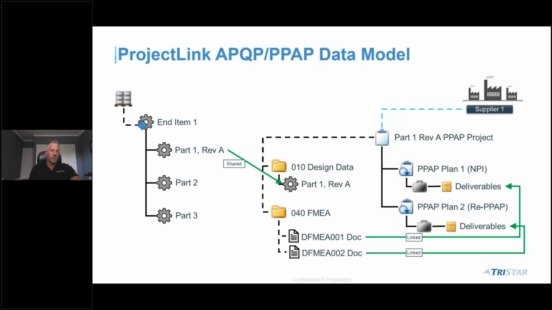You may have a supplier that's very advanced and can accept what we would call a QIF, which is an automated inspection file, versus a supplier that can't look at 3D PDFs. They want 2D prints that they can print out. We can accommodate both of those in Windchill. You can still run Project Link and project management with them. What you're delivering to them in the technical data package is a little different.